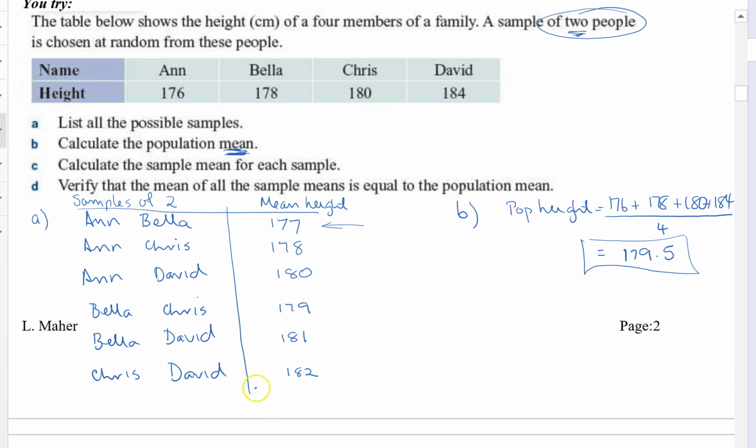Well, interestingly here, and it's because we've covered the whole population, if we add that up and divide by 6, and you can do that, you will see you get exactly 179.5.